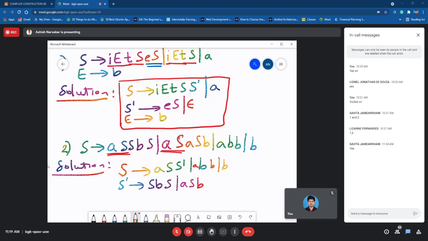Sorry, this is not S dash, this is as it is. So S dash derives SbS or aSb.